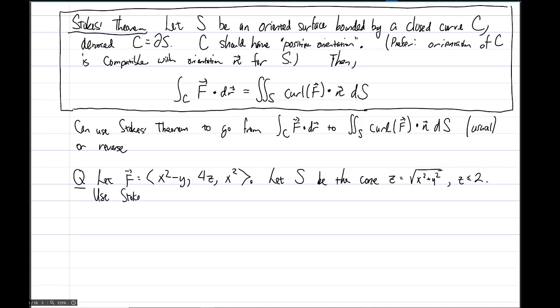Probably a real problem doesn't actually state to use Stokes' theorem itself. We'll just use Stokes' theorem to find the line integral over the curve C of the vector field F dot dr, where capital C, the curve, is the boundary of S, and this curve C is counterclockwise from above.